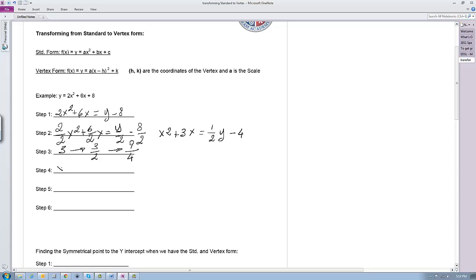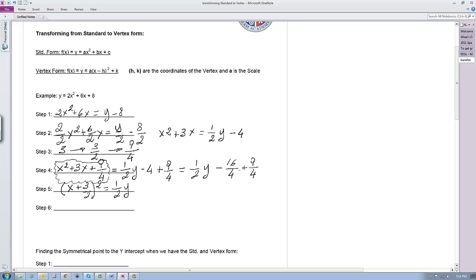So if I rewrite this as x squared plus 3x plus 9/4 equals 1/2 y minus 4 plus 9/4, I know now that this is a perfect square trinomial that can be rewritten as (x plus 3/2) squared equals 1/2 y, and if I sum this up, let me rewrite this side of the equation as 1/2 y minus 16 divided by 4 plus 9/4, and this becomes minus 7/4.